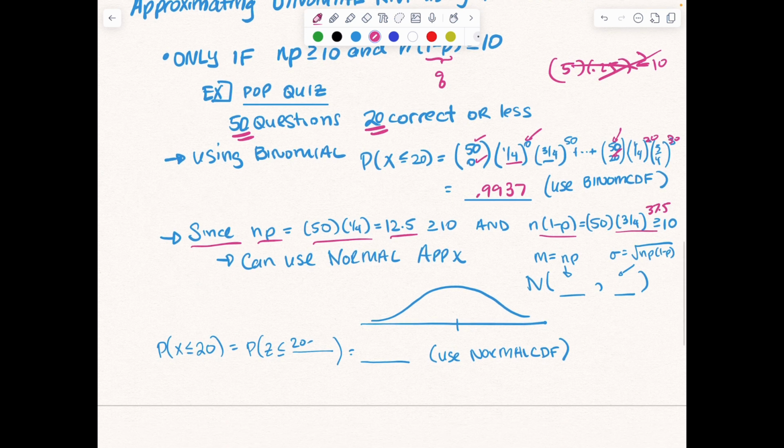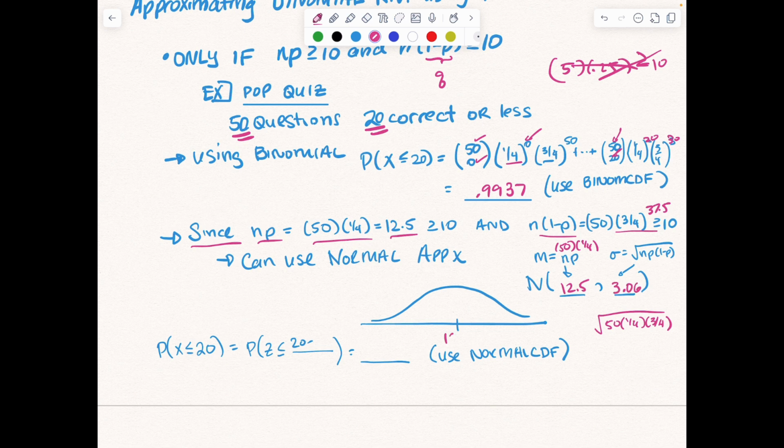So we're going to use np for my mean, so that's going to be 50 times 1/4, which is 12.5, and my standard deviation is going to be the square root of 50 times 1/4 times 3/4. So let's find that: 50 times 0.25 times 0.75, and the square root of that is 3.06.